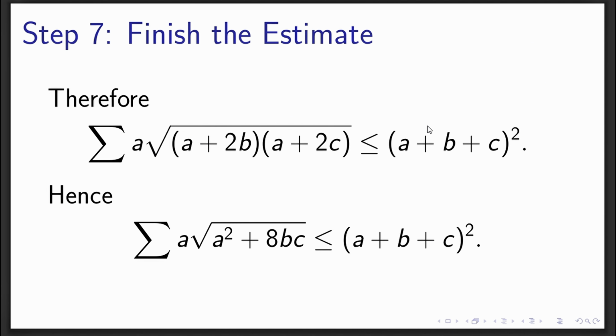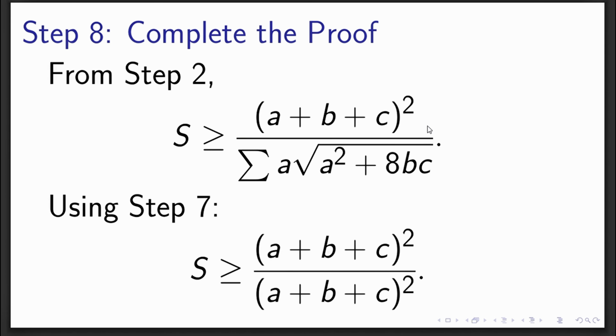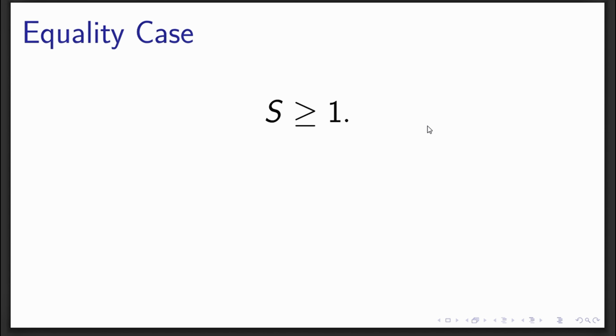Hence, we have summation a into root of a square plus 8bc is less than or equal to a plus b plus c whole square. From step 2, we have s is greater than or equal to a plus b plus c whole square divided by summation a into root of a square plus 8bc, and by using step 7, we have s is greater than or equal to a plus b plus c whole square over a plus b plus c whole square. This means s is greater than or equal to 1.